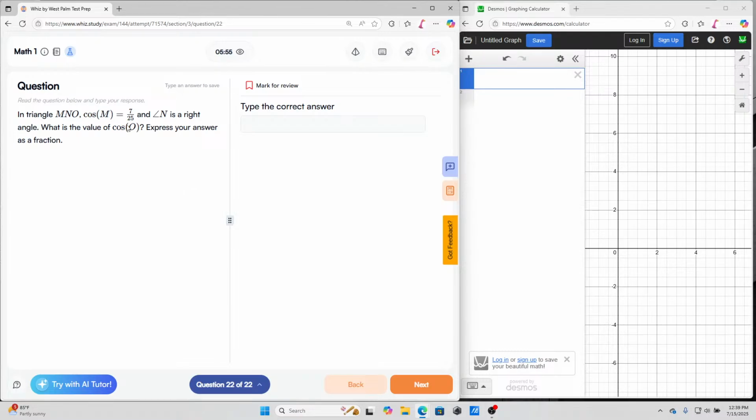In triangle MNO, cos of m equals 7 over 25.